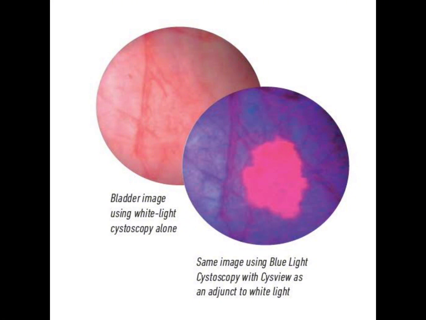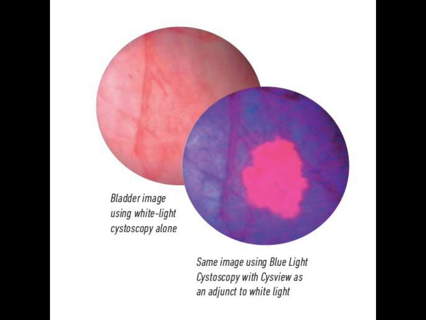Blue light cystoscopy is done in these patients by instilling a photoactive agent into the bladder, which leads to visualization under blue light. This blue light has a wavelength of 360 to 450 nm, and the photoactive agent is called hexaminolevulinate, the only one approved by the FDA.